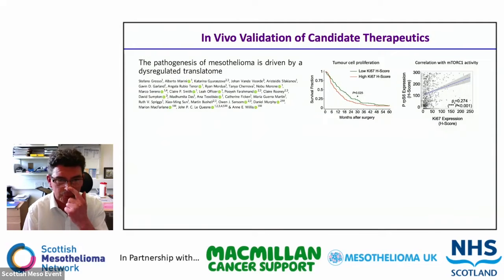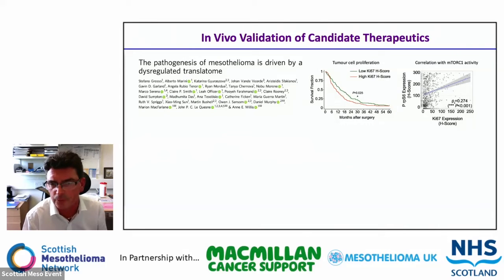And so this was a publication that we published just a few months ago, actually, in collaboration with Marion McFarlane and Anne Willis from the MRC Toxicology Unit in Leicester. And they had prior data looking at rates of proliferation in resected tumors, and could separate out the tumors with very high rates of proliferation, here scored as high Ki67, versus patients with lower Ki67.